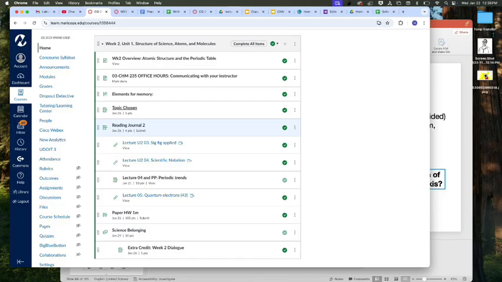But reading the textbook can bring in another viewpoint that can help you learn the content better than just listening to me. So the whole point of the reading journal is to provide some reason for you to hopefully crack the book and look at some words. The reading journal is evidence that you did that. That's it. Does that make sense?